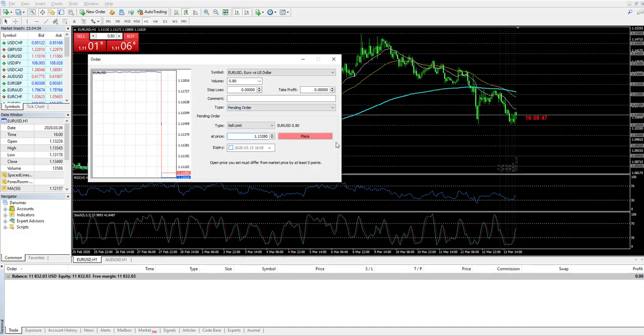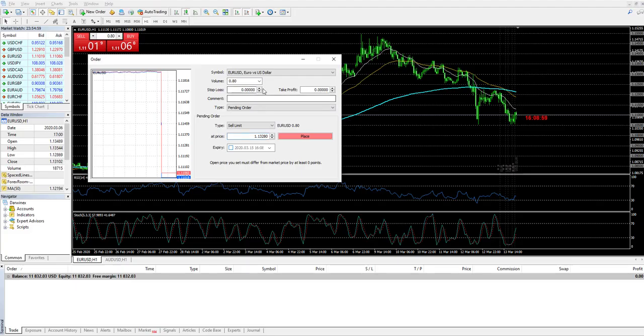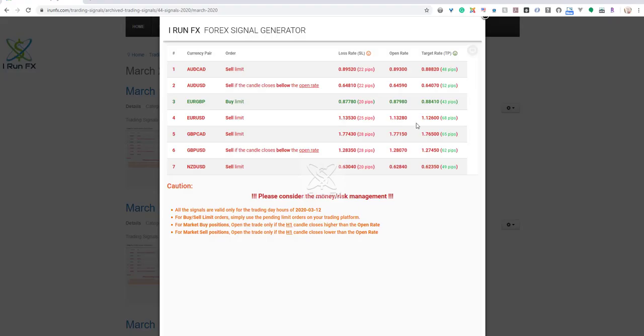The date that I am recording this video is a few days after this signal, so you might see a big gap between these, but that's fine. And I set the SL rate, and finally the TP rate.